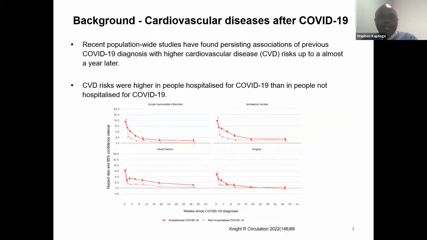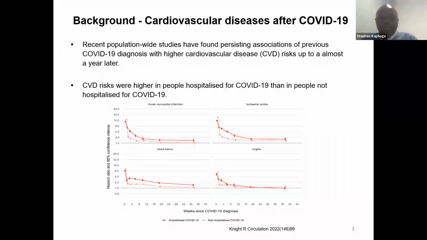As part of that, there have also been recent results from the CVD-COVID-UK consortium showing that the excess risk of cardiovascular conditions is initially very high, and although it decreases, up to 1 year later it is still higher, especially in people who were hospitalized with a COVID-19 diagnosis.